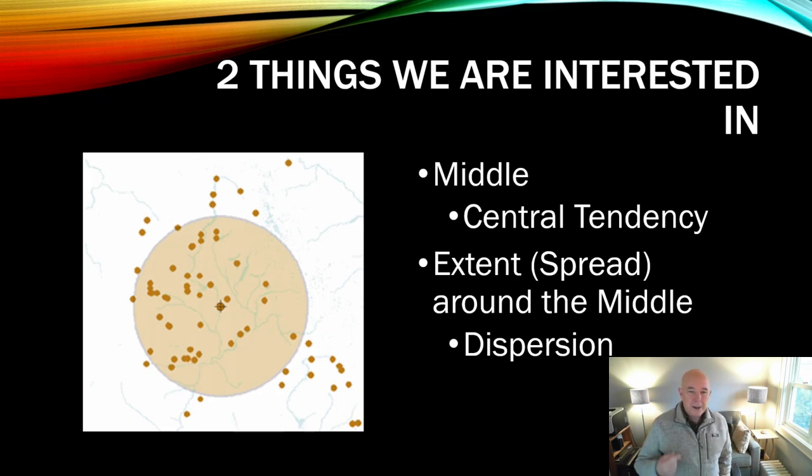And then I've got this circle that indicates, well, this is the spread. This is where most of them are. And actually, this is a spatial statistical piece. If you took 670, you actually did this. The dot in the middle is the mean center, and the spread is the first standard distance. But we're not going to do that in this class. We're going to deal with traditional statistics. But that gives you a sense about that.